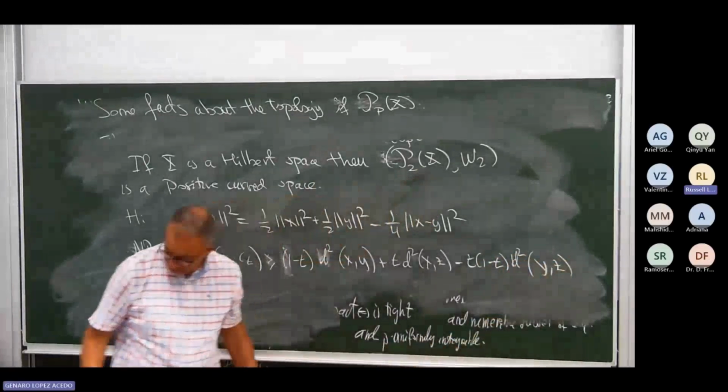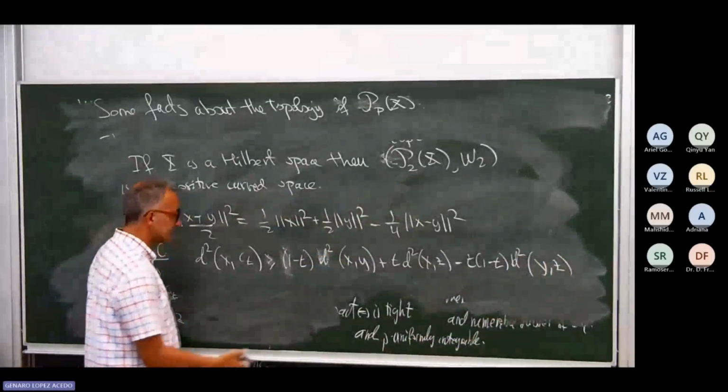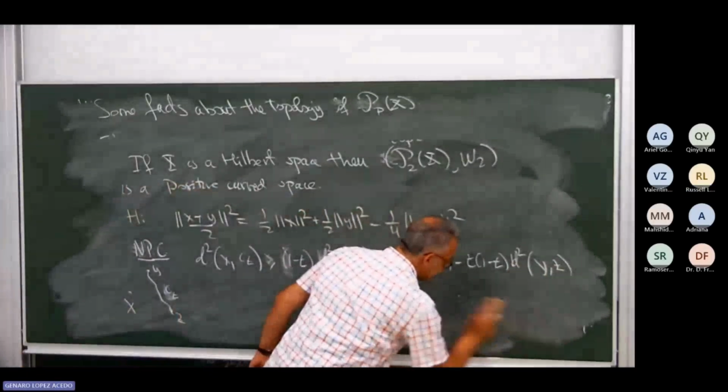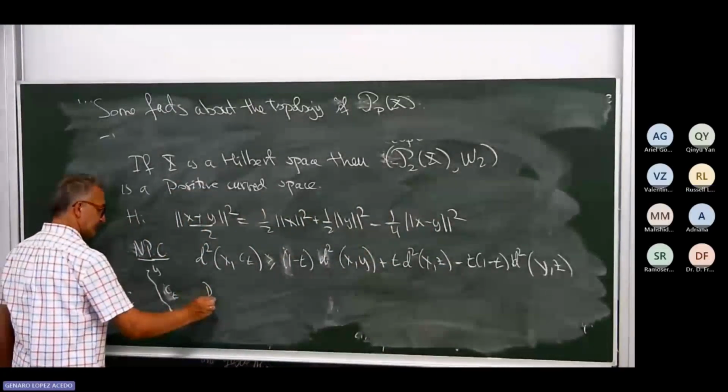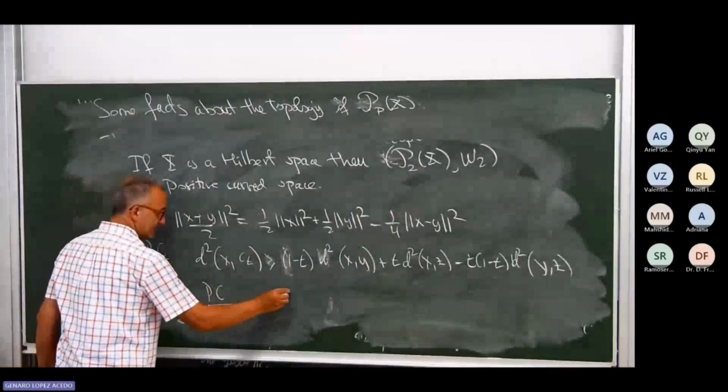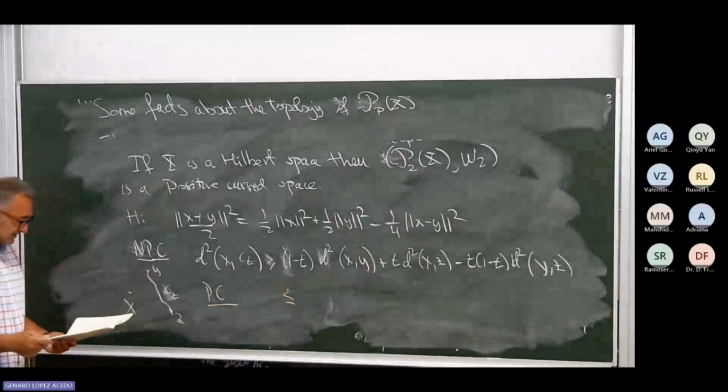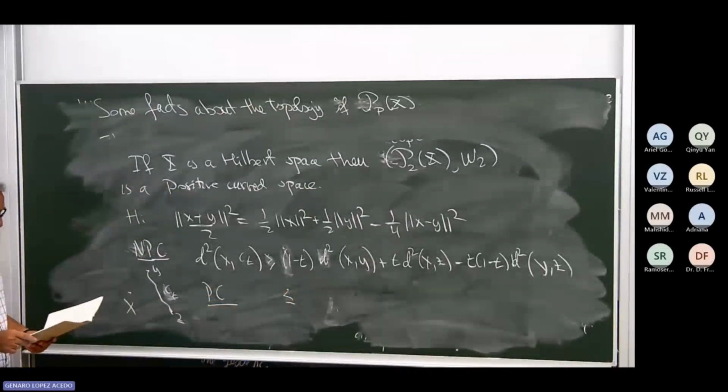Right? That would be an analytical condition for a non-positive curvature space. And for a positive curvature space, it's the same, but we have here the lower than or equal, right?